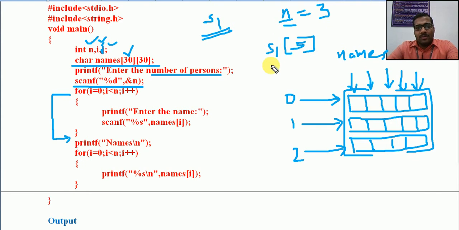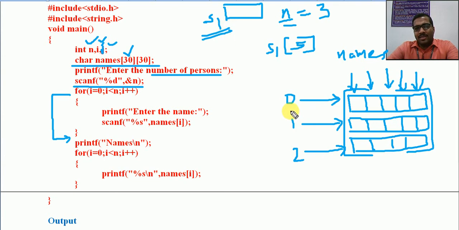Now just listen here. Each row present in this matrix, this two-dimensional character array, is like this s1. S1 means we are having only a single array.